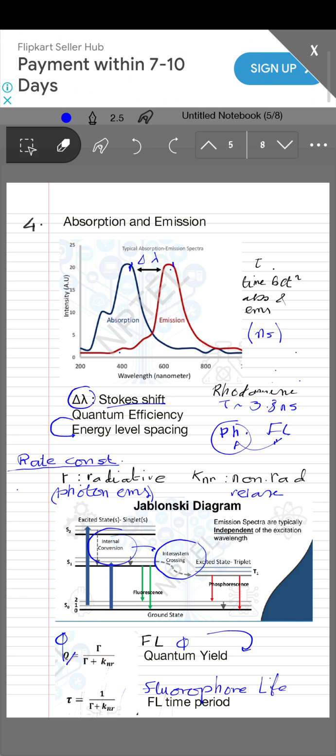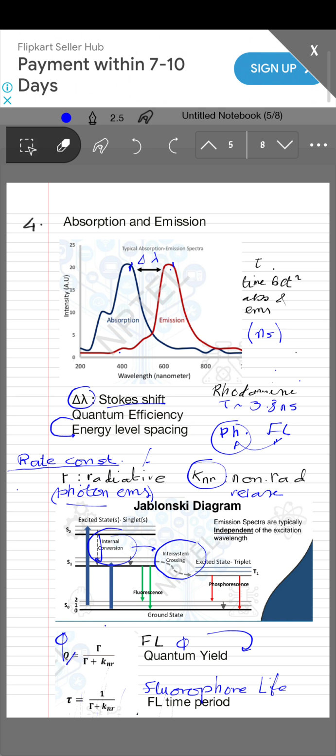The difference between them is that gamma is the radiative rate constant, and it represents emission of photons, whereas K_NR is the non-radiative rate constant, and it represents the relaxation process. That means the chemical and physical processes taking place due to light interactions.